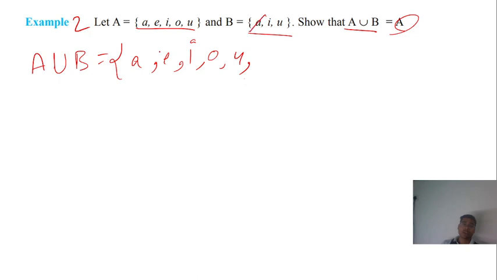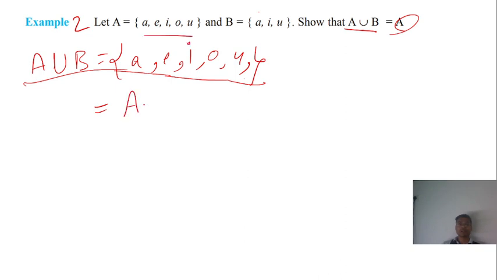Did we already write A? Yes. Did we already write I? Yes. Did we already write U? Yes. So you do not write any other element. This is our A union B, and it consists of all the elements of A and B. But you can see that these elements are actually the set A. So you write it as A, and that's how we prove A union B is equal to A.